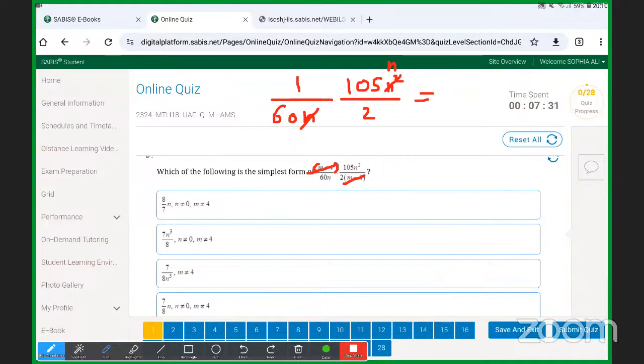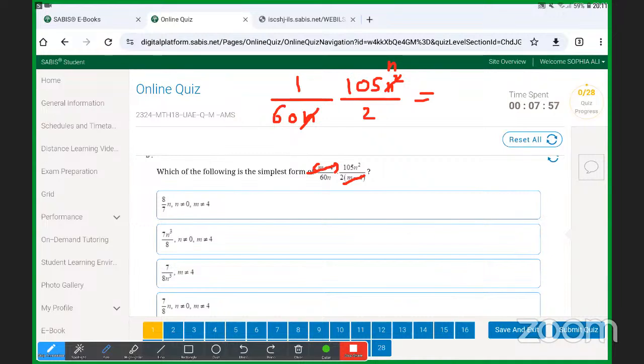We have a number that ends with 5 and a number that ends with 0. Any number that ends with 5 or 0 is divisible by what? By 5.